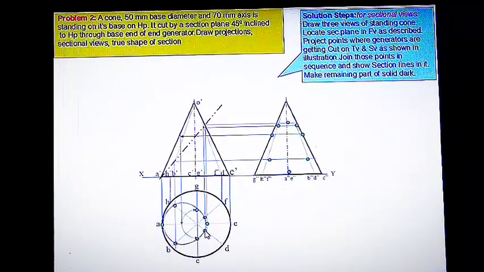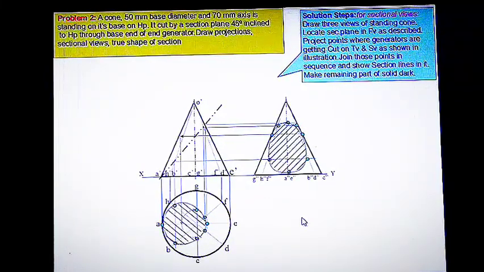Then the intersecting point of this plane at O dash E dash also can be projected downward and getting the intersecting point at OE. This center point is O. Now we can join all these lines by using a curve. Then we will get the sectioned surfaces like this in the plan and side view. Now we can hatch that one by using 45-degree inclined lines and finish the drawing.